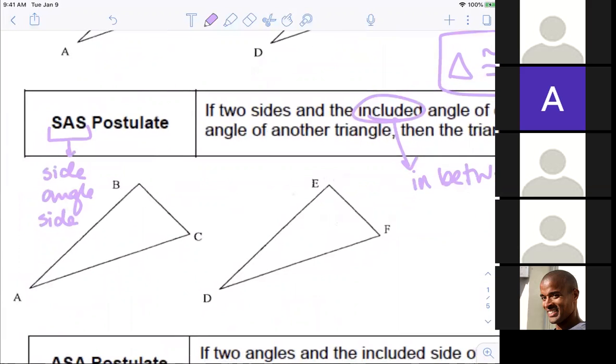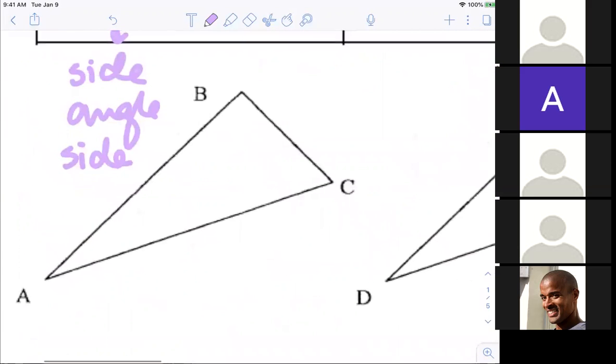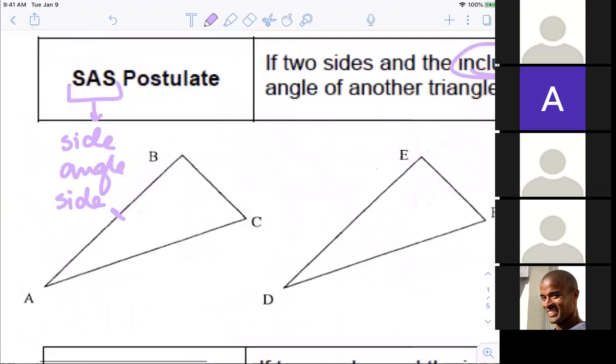Let's look at it. Let's say AB and DE are congruent, BC and EF are congruent, then the included angle, the angle in between, is B, and that's this angle in between.